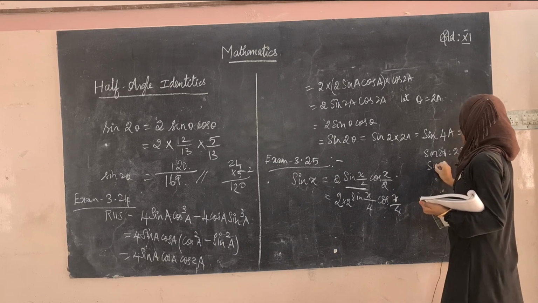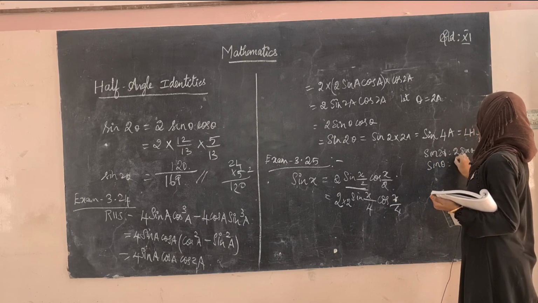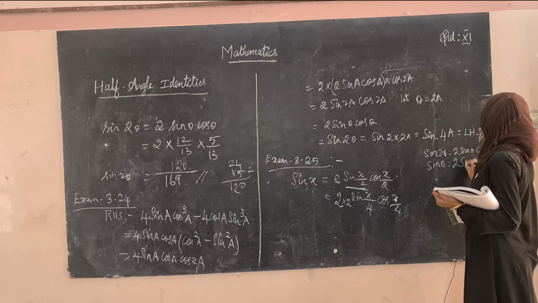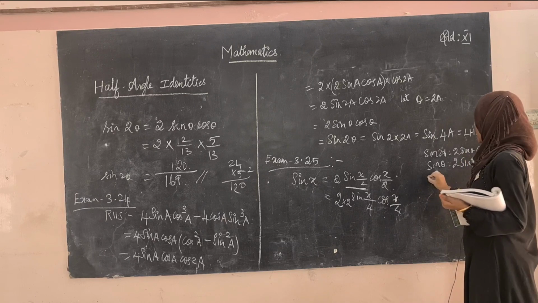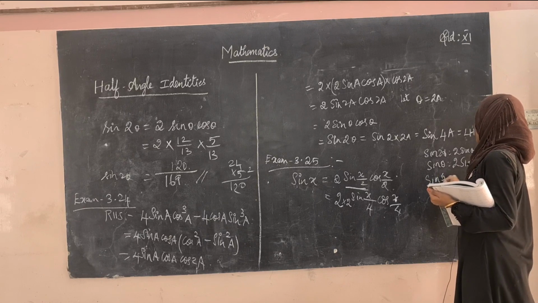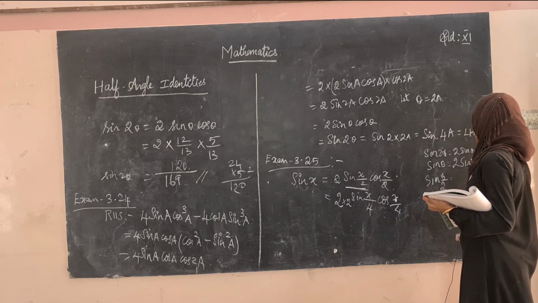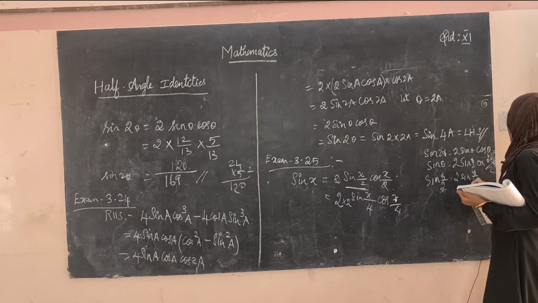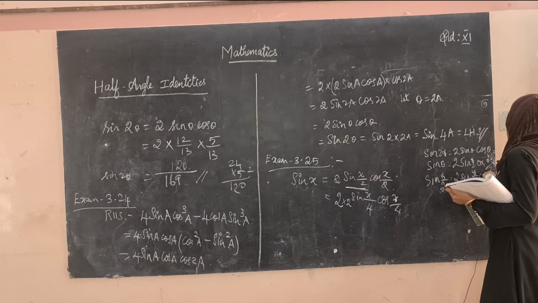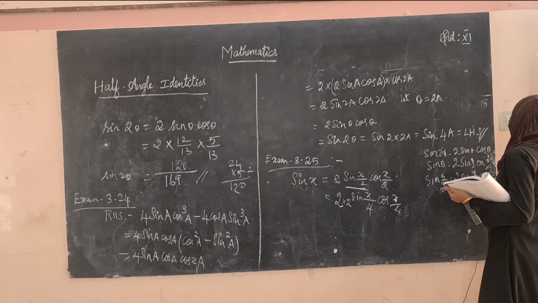So again, if we put theta in place of 2 theta, what happens to theta? It becomes sin theta by 2 cos theta by 2. And again, if we put sin theta by 2, sin theta by 2 will be equal to 2 into sin theta by 4 cos theta by 4.